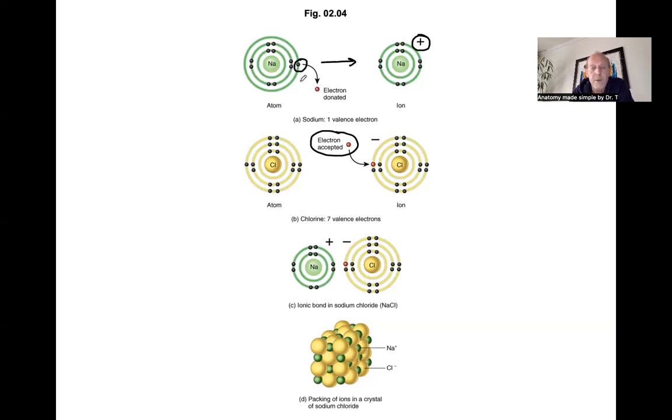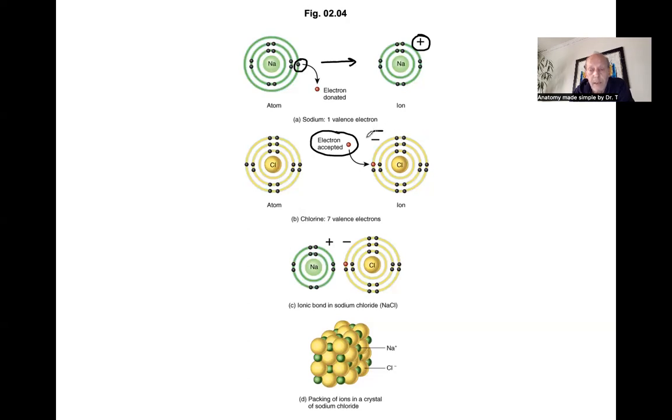In this case, the suitable donor is an atom of sodium. As the chlorine atom added 1 extra electron, keep in mind now we have 2 plus 8 plus 8, 18 electrons, but only 17 protons.